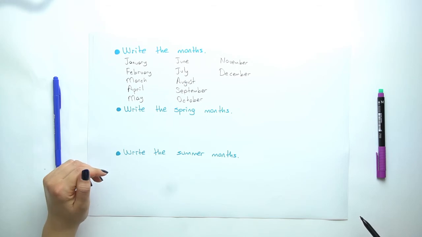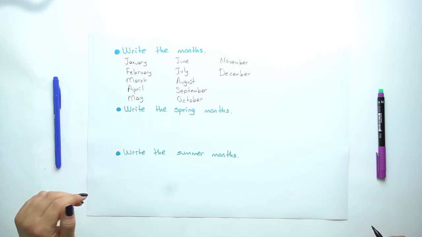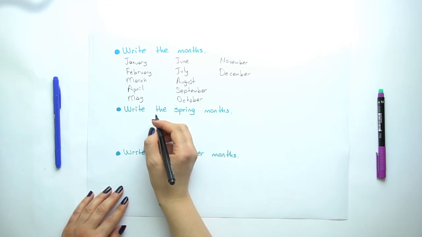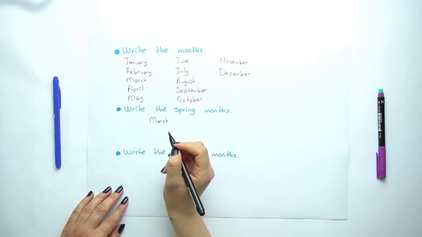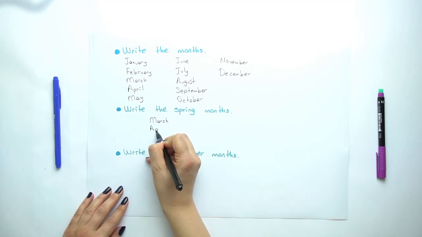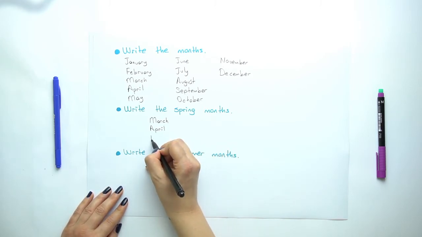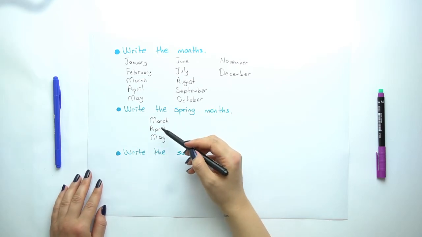Okay, so there are 3 months in each season. Okay, so first one, it's March. Then what comes next? It's April. After April, what do we have? May. Okay, these are all spring months.